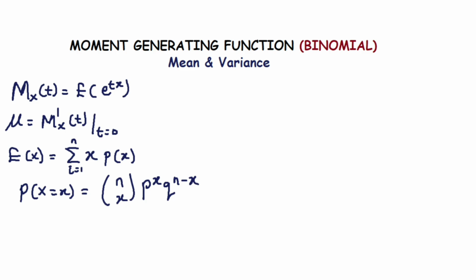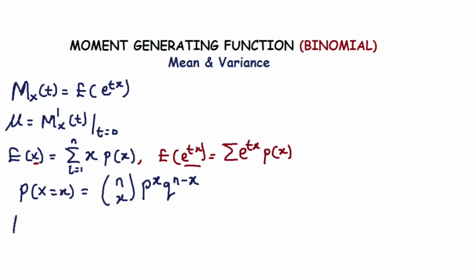So now we have the expectation of e raised to the power of tX, which means we are going to have the summation of e^(tx) times p of x, since we are replacing x here with e^(tx). So let's go ahead and put all of this together.